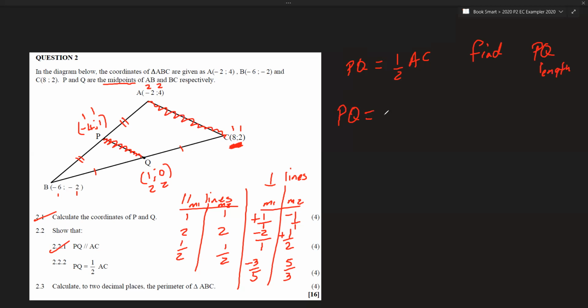PQ, right, distance formula, square root of x2 minus x1 squared plus y2 minus y1 squared, right? Awesome. Which becomes, I'm going to substitute now. My x2 is what? For PQ, my x2 is 1. My x1 is negative 4.